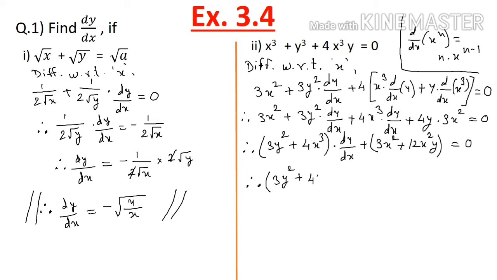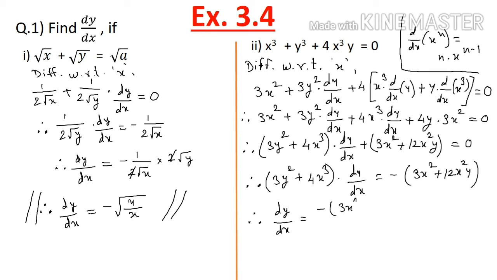So (3y² + 4x³) into dy/dx is equal to minus of (3x² + 12x²y). Therefore dy/dx is equal to minus of (3x² + 12x²y) upon, correct?